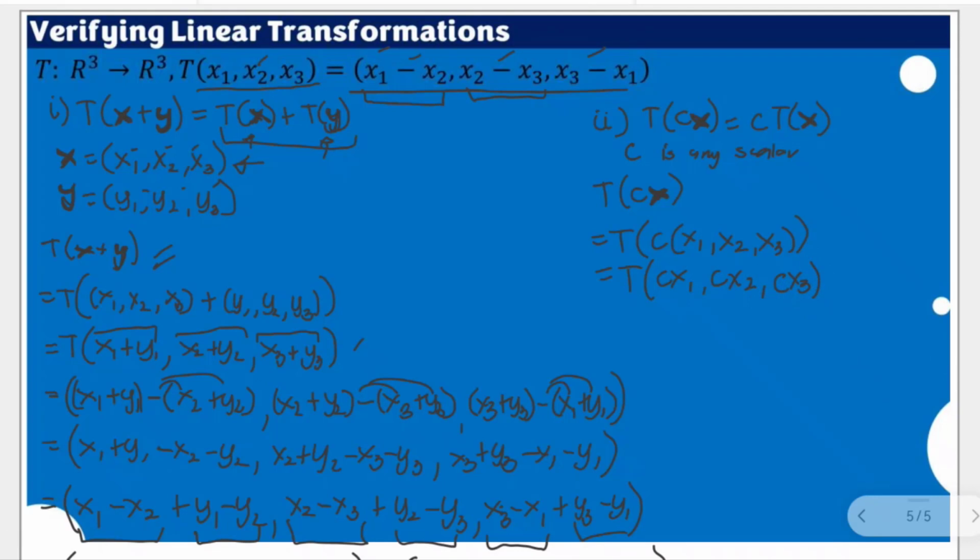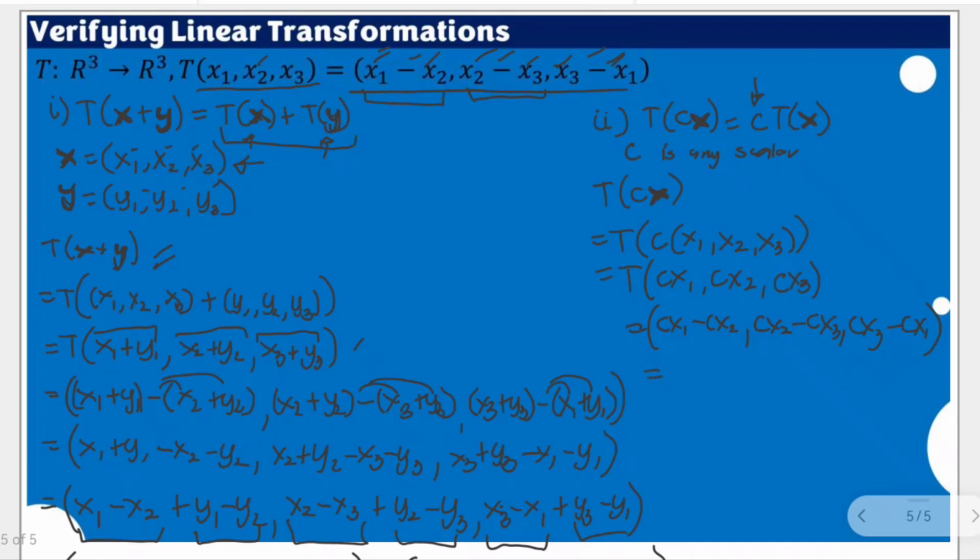Once we are done with this form, our goal is to come up with the factor c. So let's now apply the transformation. First component minus second component, c x sub 1 minus c x sub 2. Next, the second component minus the third component, c x sub 2 minus c x sub 3. And then the third component minus your first component, c x sub 3 minus c x sub 1.